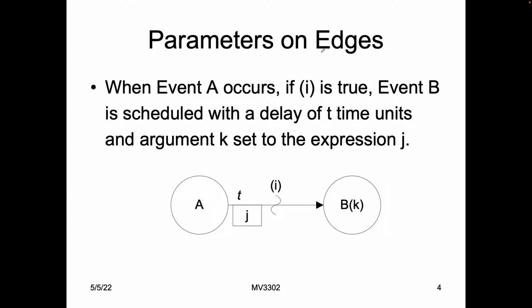But now let's look at parameters. If you think of the SimKit equivalent of an event as a method, and since methods can have arguments, then an event could have an argument. And that is often a situation where it's useful to do that.